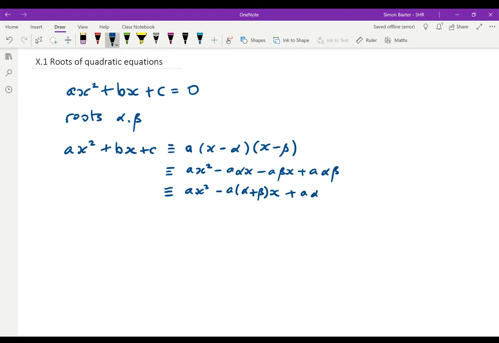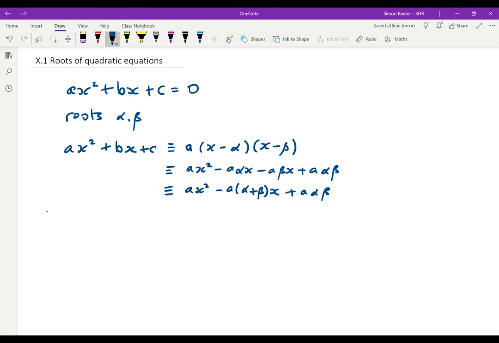Plus a alpha beta. Well, if this is going to be an identity, then if we look at the x squareds, we've already got a equals a, so that's fine. So let's now just look at the x's. On the left-hand side, we have b. And on the right-hand side, we have minus a times alpha plus beta.